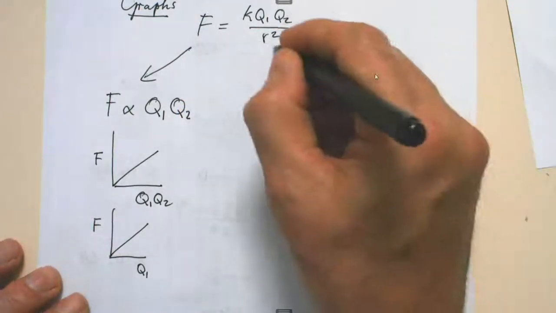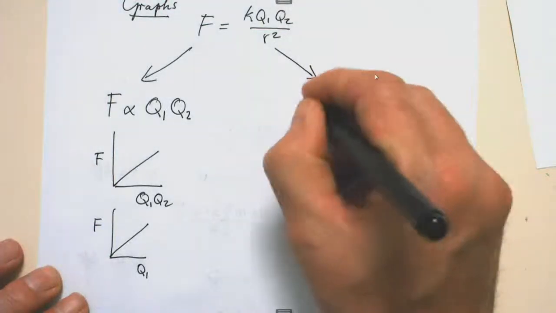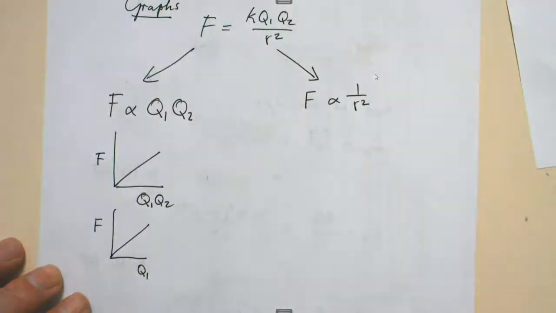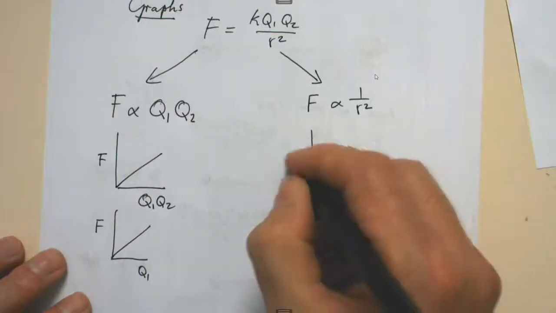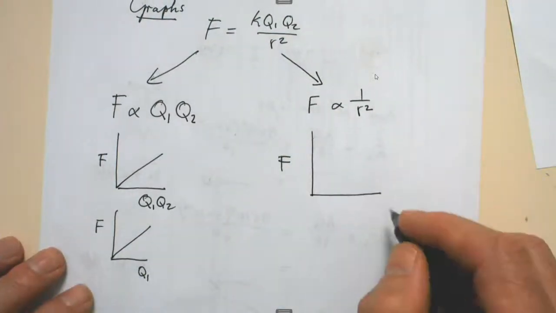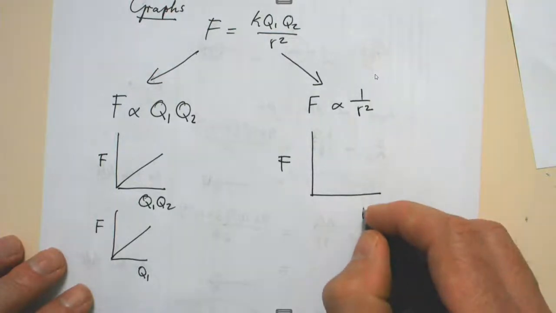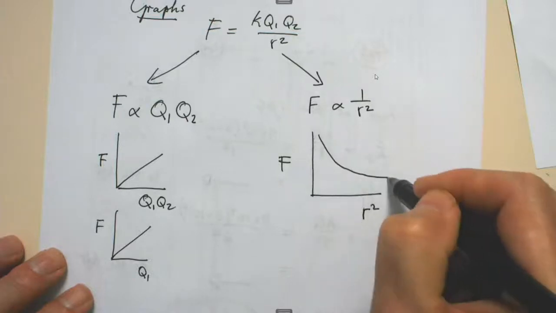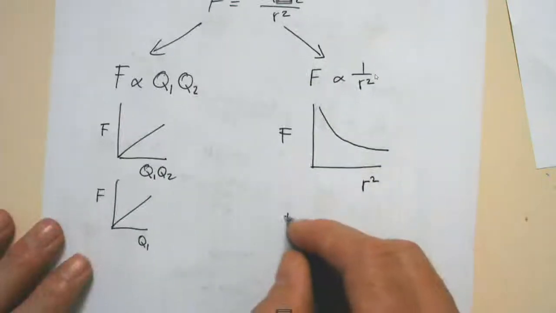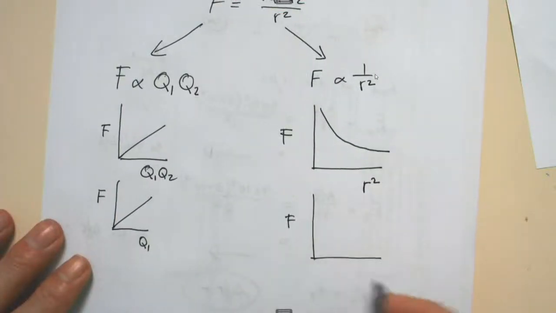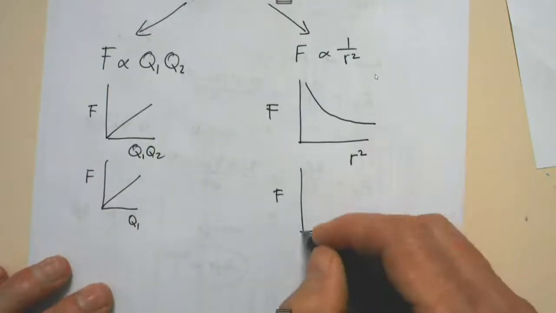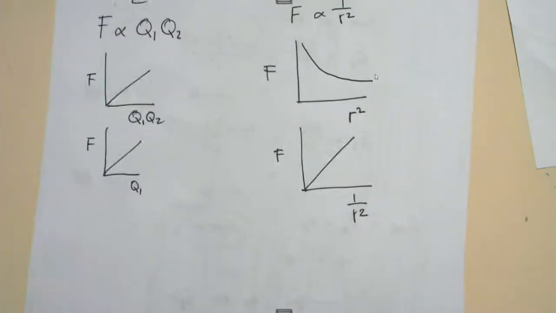Now from this also we know that F is inversely proportional to the square of r. So this graph now follows, where you get that curve. How can I make that a straight line? By using the reciprocal of that x-axis, which will then turn it around, and now I will have a straight line.